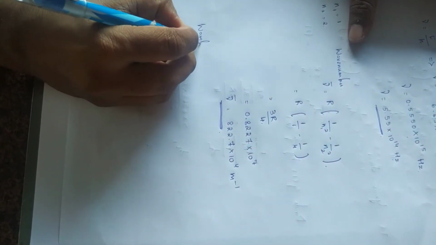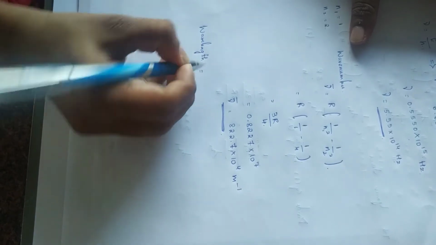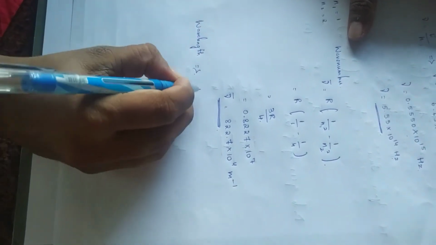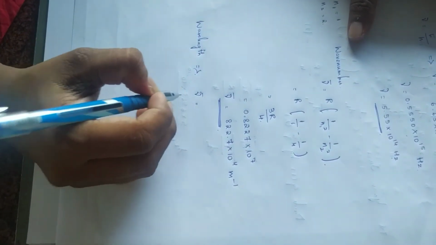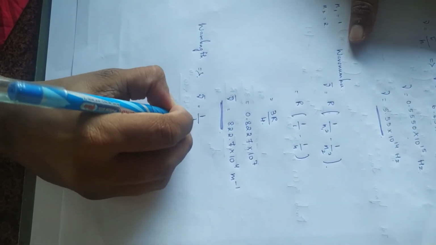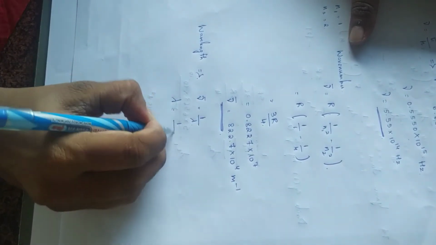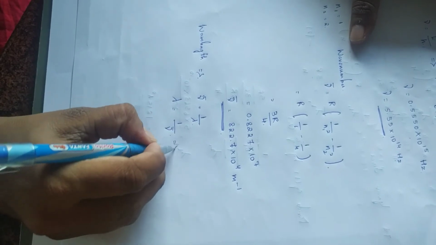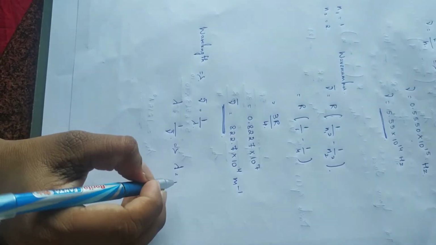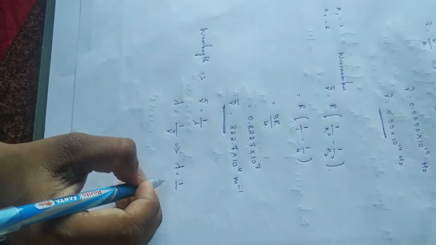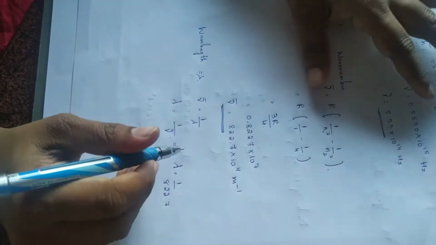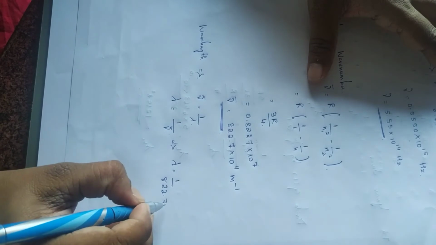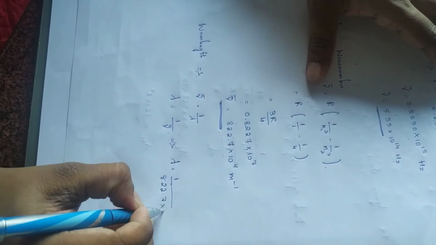Next, they have told you about the wavelength, right? They have told you to find wavelength. You can write this as mu bar is nothing but 1 by lambda. So we need lambda, so 1 by mu bar. Substituting, lambda is equal to 1 by 822.7 into 10 raised to 4.